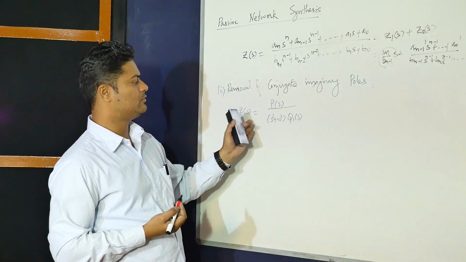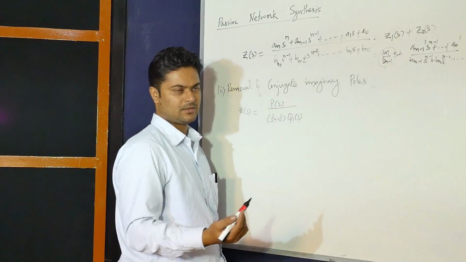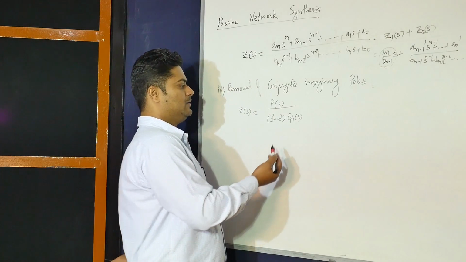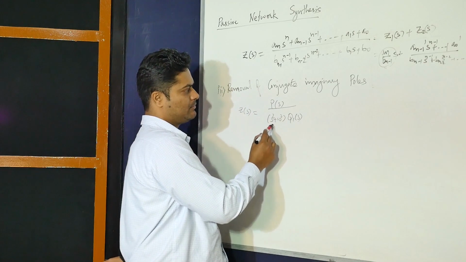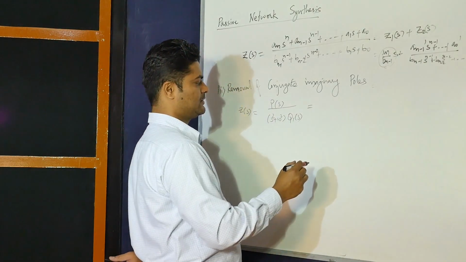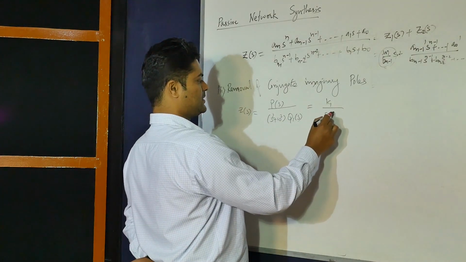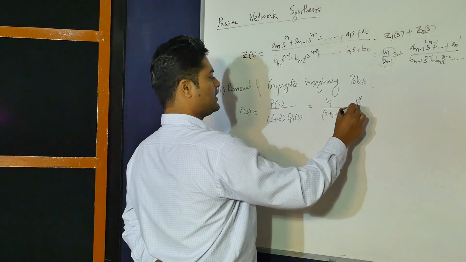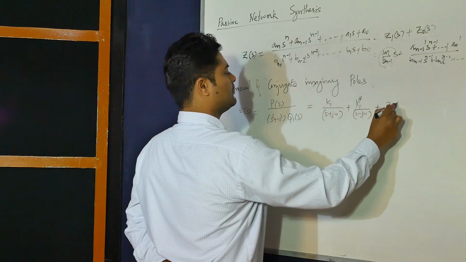Then second, we want to write it in series form, that is Z1 of S plus Z2 and so on, in order to synthesize our network. So whenever there exist conjugate imaginary poles, we can write this in the form K1 by S plus J omega plus K1 star by S minus J omega plus some Z2.